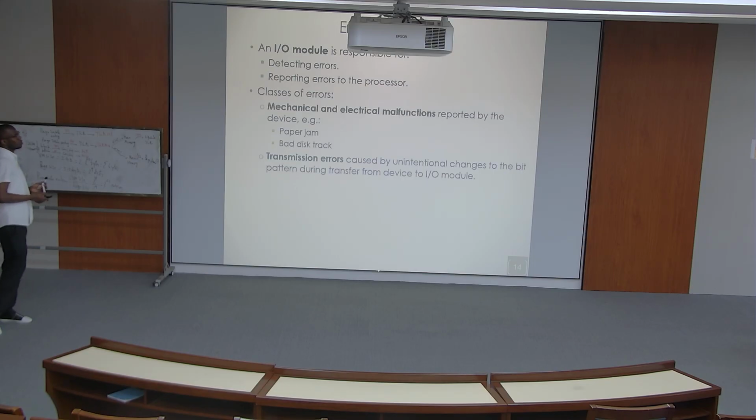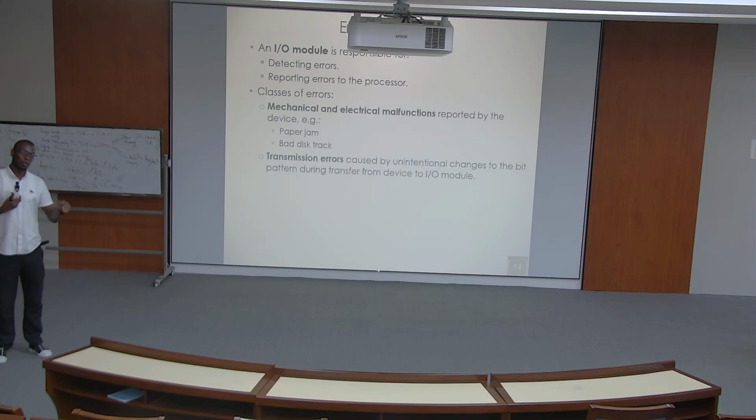But just a short introduction. Error detection and correction is very important in the input-output module. It is responsible to detect errors. It is responsible to correct errors when possible. Now, when we talked about the communication with the processor and the main memory system, we have seen that errors can happen at any time. So we need the system to detect and correct errors.